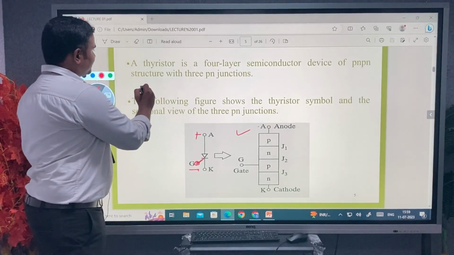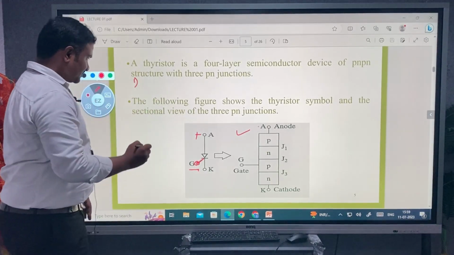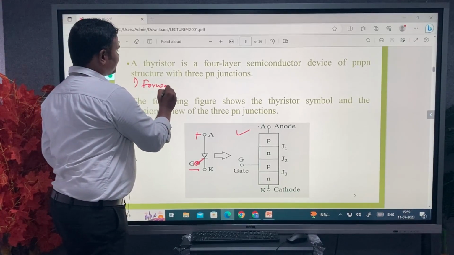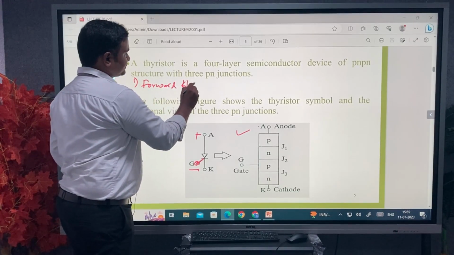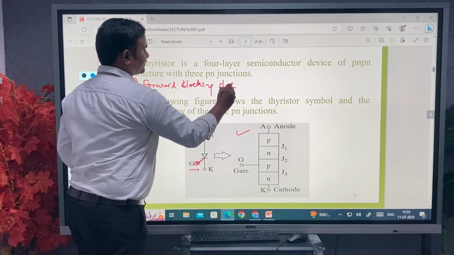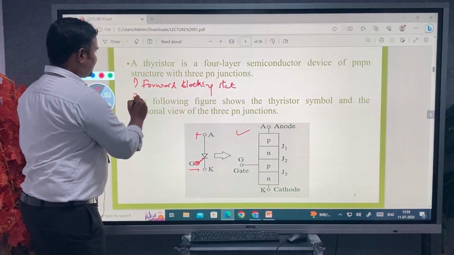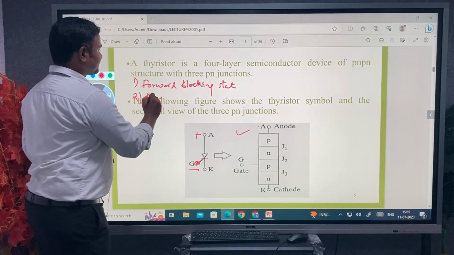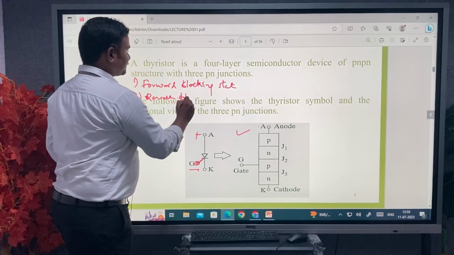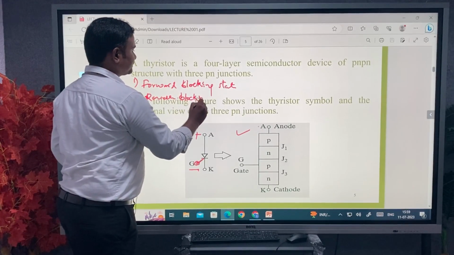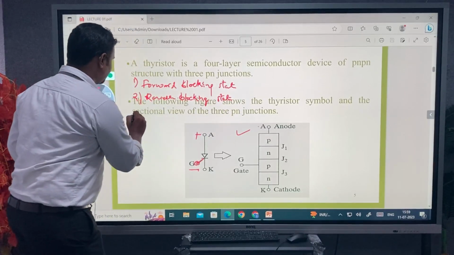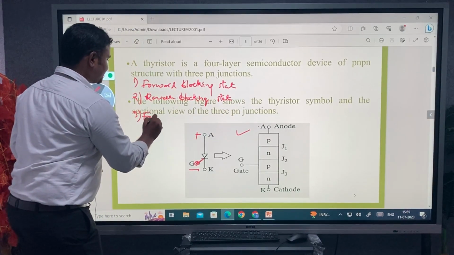This structure has 3 operating states. One is forward blocking state, next reverse blocking state, and forward conduction state.